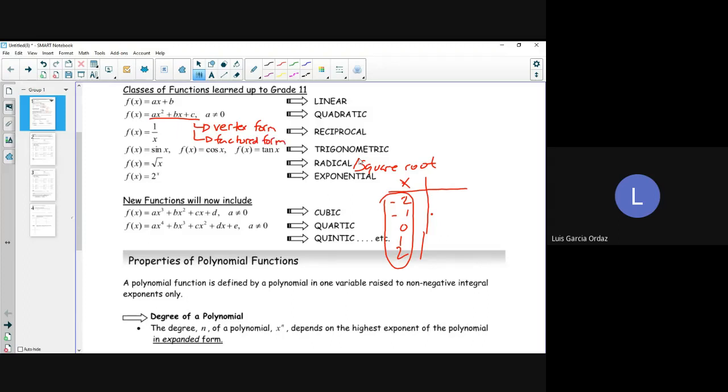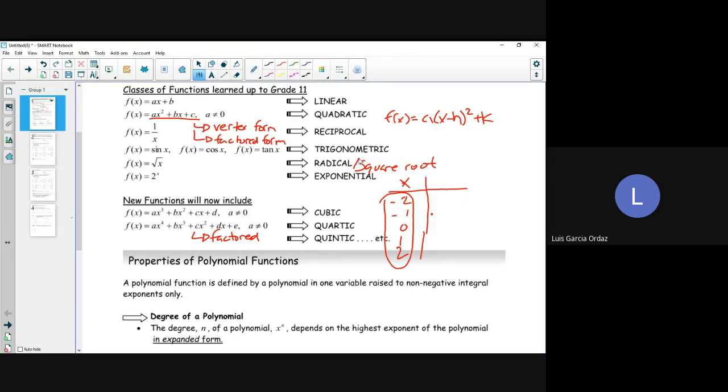What form do you think these two can be broken down into? Factored form. Can we have a vertex form for them? Vertex form is f of x equals a times x minus h squared plus k. You remember that notation, right?